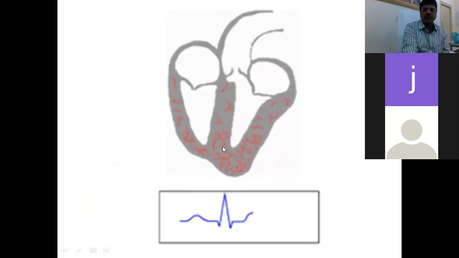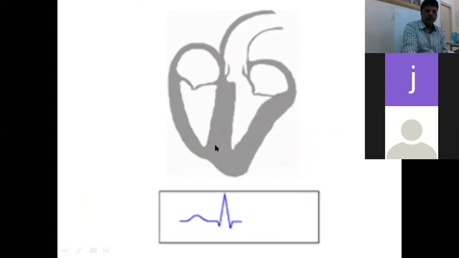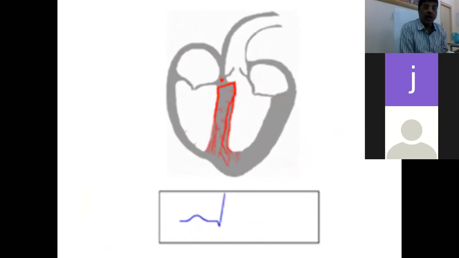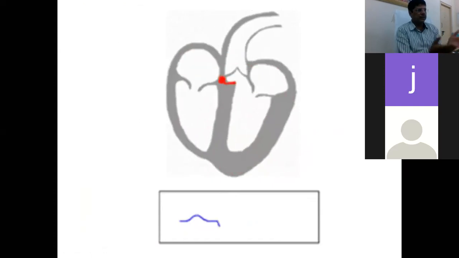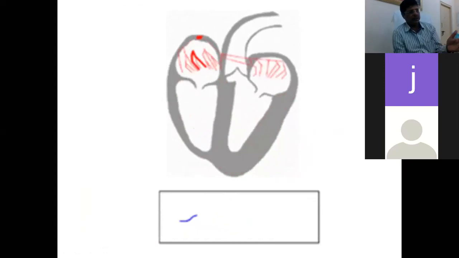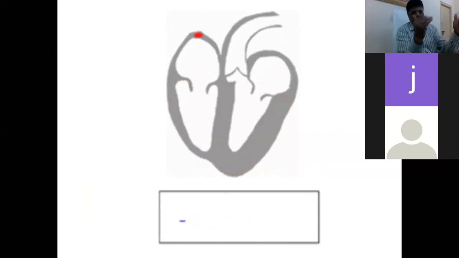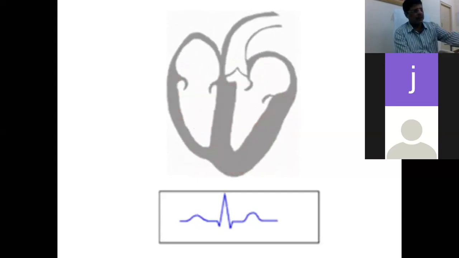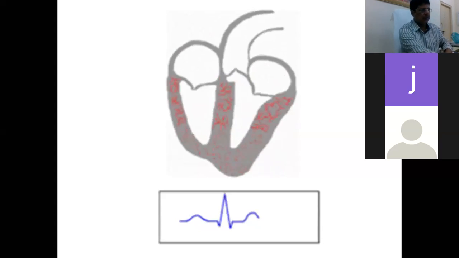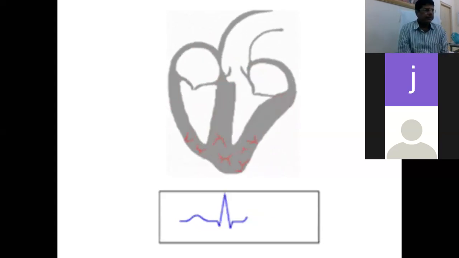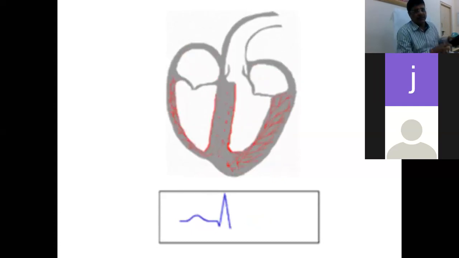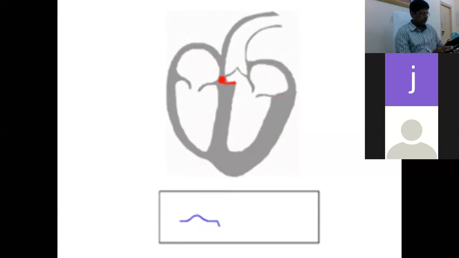When the major portion of the ventricular myocardium is activated, you have the R wave, then the S wave, and when repolarization is happening, you have the T wave. So you need to correlate these two, the activation and the waves, so spend some time looking at this. Then I'll move on to the next topic.